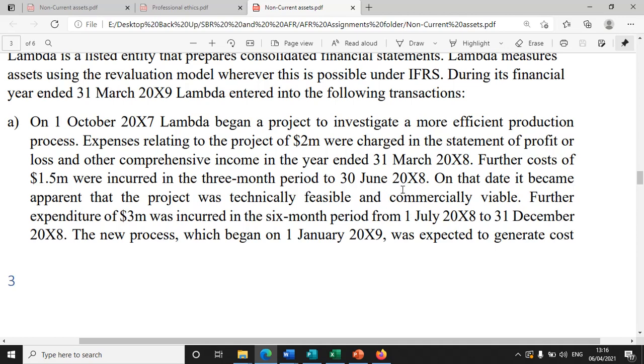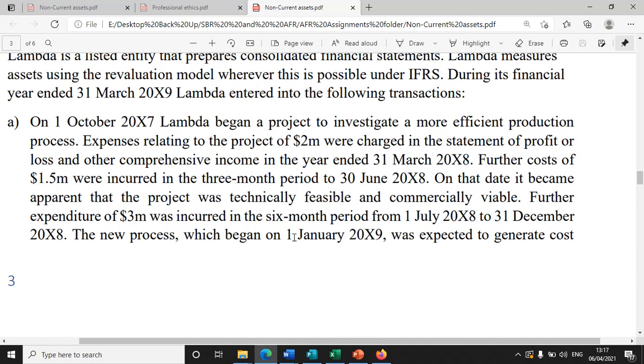On 30th June, it became apparent that the project would be commercially viable. So we stopped expensing from that date. But with regards to amortization, we can only start amortization when the process begins, that is 1st January.